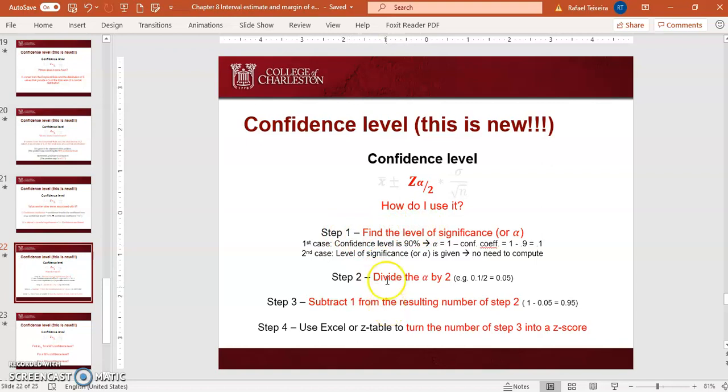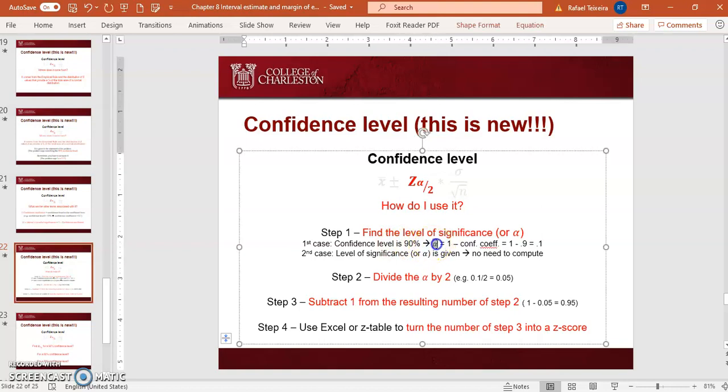So this is the step-by-step approach that I propose for using this concept in the problems. The first step is to find the level of significance. So what's the level of significance we want? Is it 90%? If it's 90%, to obtain the alpha, you have to subtract the confidence coefficient associated with this confidence level from 1.